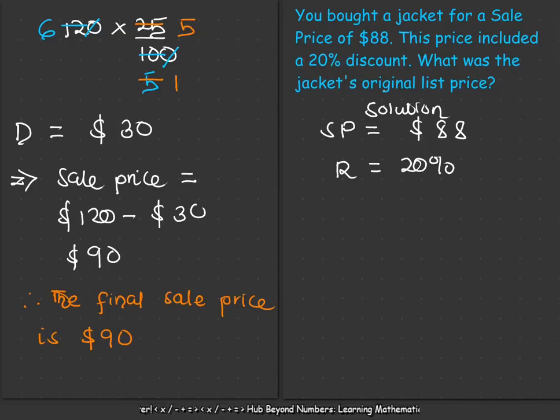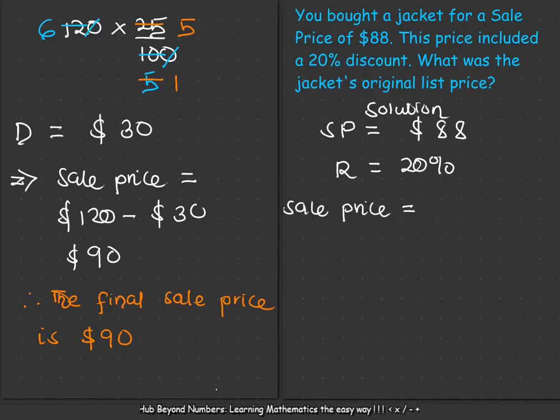Now, if it is the original price that we want, we know that there is a formula that relates the original price, or in this case the list price, with the sale price. And what is that formula? We know that the sale price is equal to the list price, or the original price.